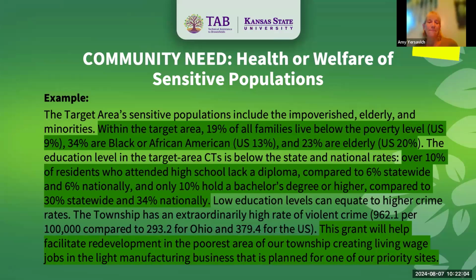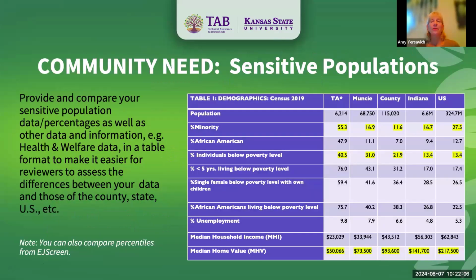Next slide. Community need. So if we're talking about sensitive populations or any of these 1, 2, and 3 areas where we're talking about sensitive populations, having a table can be very helpful.